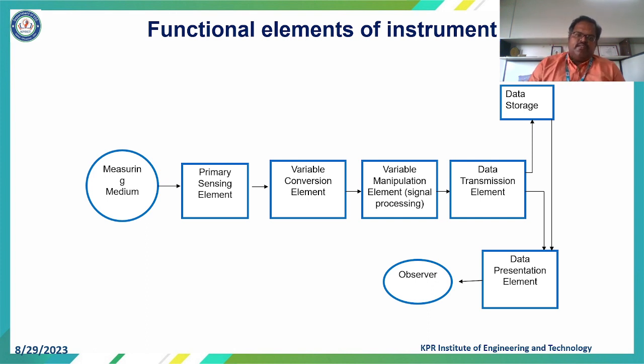That is the final thing. Initially you need a measuring medium, what you are going to measure, then the primary sensing element and the variable conversion element, where the variable is converted into some other form. Finally comes variable manipulation and data transmission, then the data should be stored in data storage and shown in data presentation, and finally it reaches the observer.